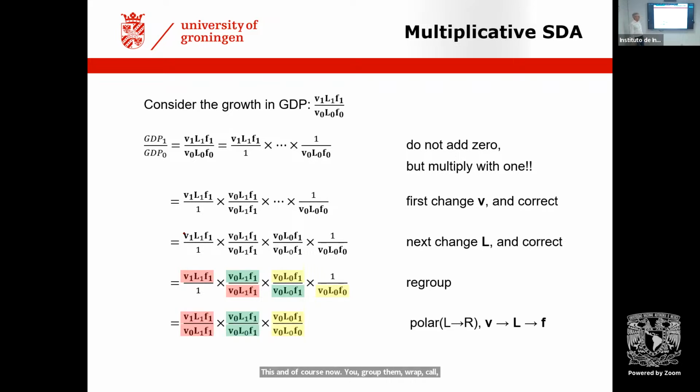And this gives you, in a multiplicative case, the polar from V to L to F.